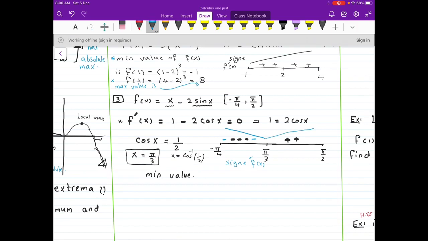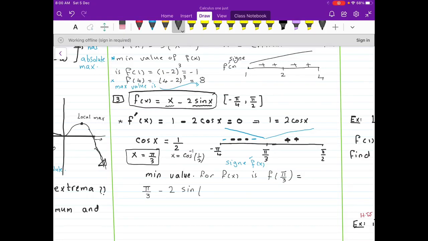So the minimum value for f of x is f of pi over 3. We substitute pi over 3 in the function. So f of pi over 3 equals pi over 3 minus 2 sine pi over 3.